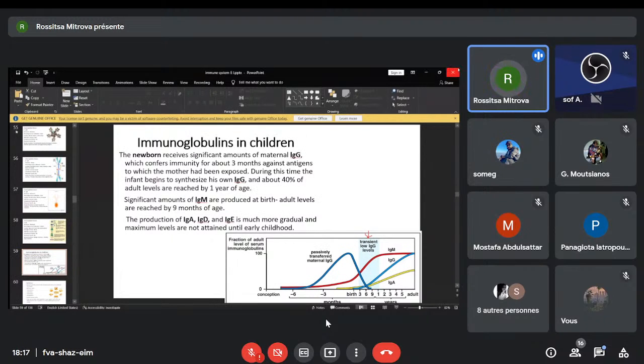Now, immunoglobulins in children. The newborn receives enough amounts of maternal IgG, which confers immunity for about 3 months. This is immunity against antigens to which the mother has been exposed.